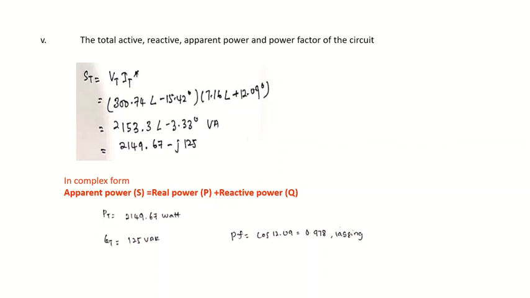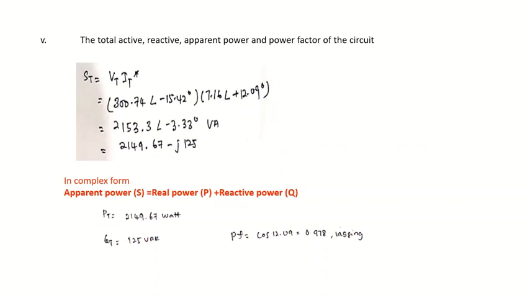So from here, we know that our total apparent power is 2153.3, and the total apparent power in complex form is the summation of the real power plus your reactive power.